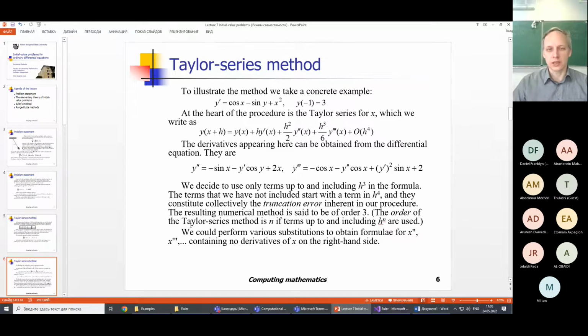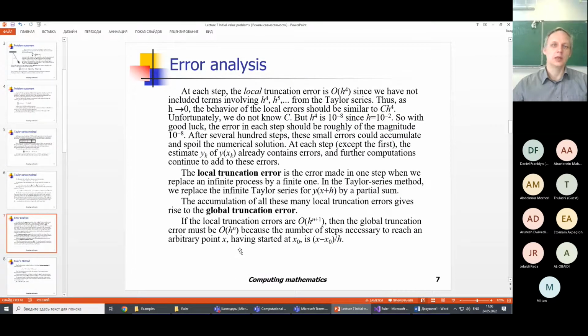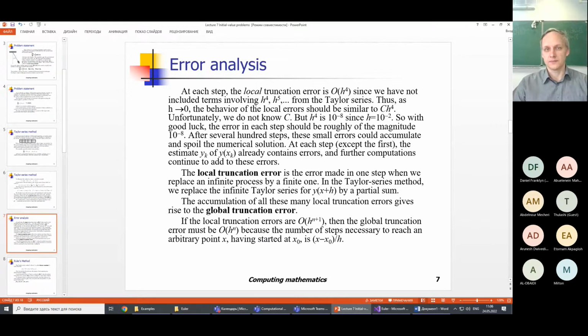The order of the Taylor series method is n if terms up to and including h power n are used. And at each step, the local truncation error is of order h power 4, since we have not included terms involving h power 4, h power 5, and so on from the Taylor series.